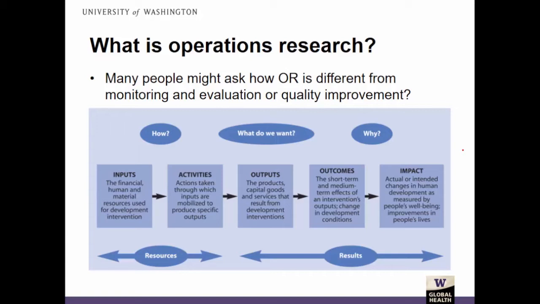And then the evaluation portion of M&E focuses on assessing the impact of our program on outcomes and impact in a population. Quality improvement, which you'll learn more about next week in Module 6, involves testing different change and improvement concepts in planning, doing, studying, and acting cycles to improve program, usually outputs, sometimes outcomes.